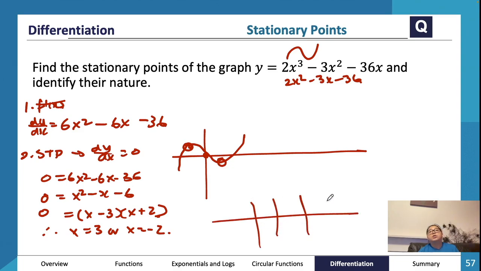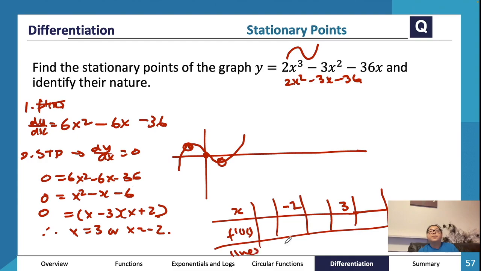So what you do is you just put in the points, so I'll have negative 2 here and I'll have 3 here. And I like to sandwich this, so I have to find one less point. Just makes life easier. So this is x, this is f dash of x, and this is what the lines look like. So at negative 2, we should get 0, right?